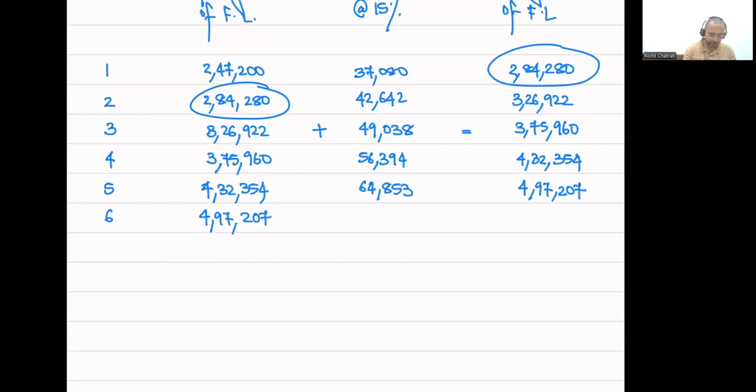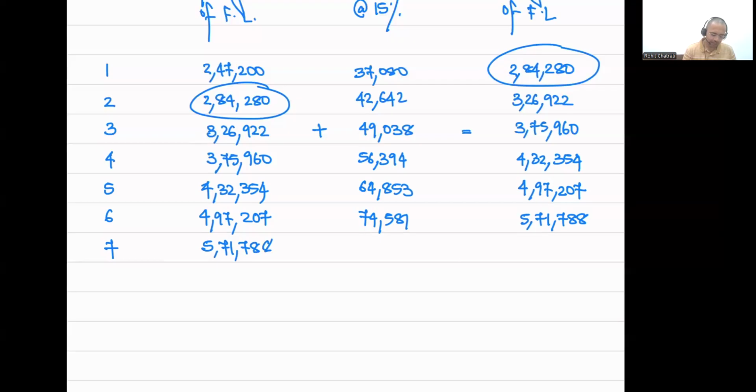On that, I have an interest calculated at 15 percent, which is going to be equal to 74,581, and therefore my closing balance is going to be equal to 5,71,788.